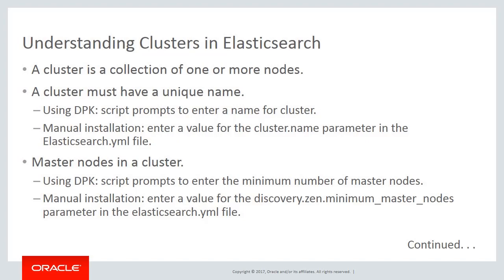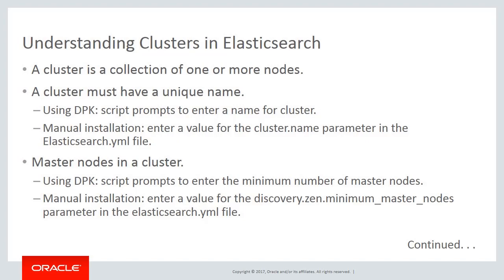Master nodes in a cluster. One node in the cluster is elected to be the master node, which is responsible for lightweight cluster-wide actions such as creating or deleting an index, tracking which nodes are part of the cluster, and deciding which shards to allocate to which nodes. Any master-eligible node, and all nodes by default are master-eligible nodes, may be elected to become the master node by the master election process.